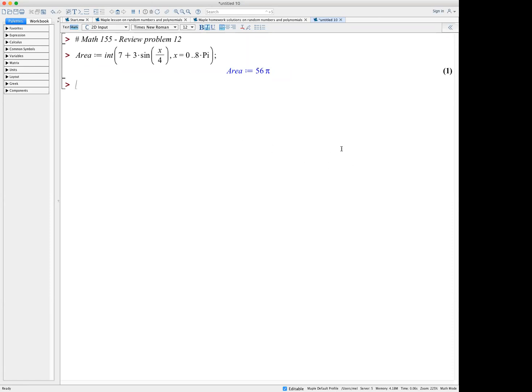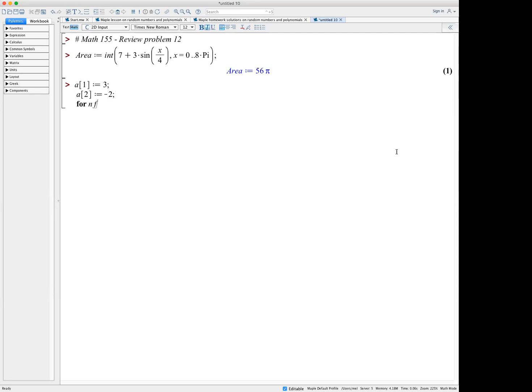Okay, so in problem 14, we have a sequence of integers. So A1 is equal to 3. A2 is equal to minus 2.